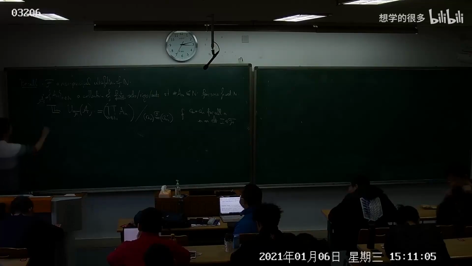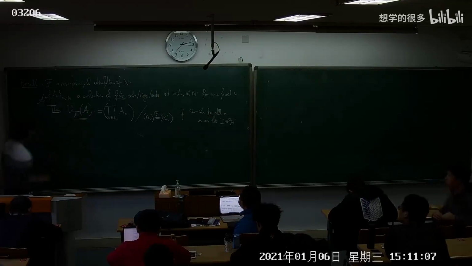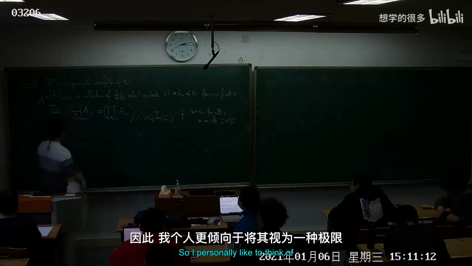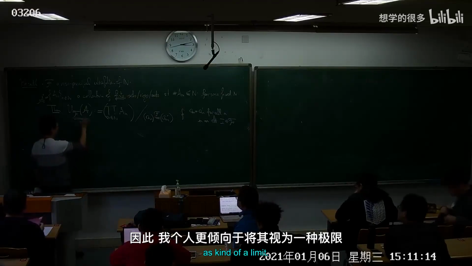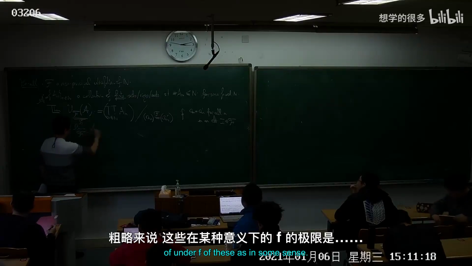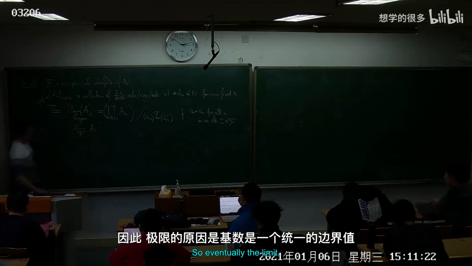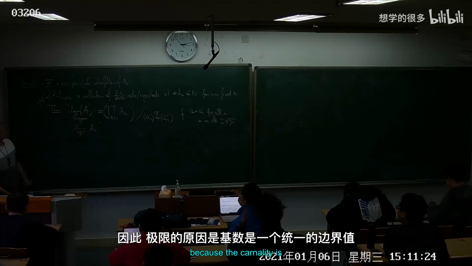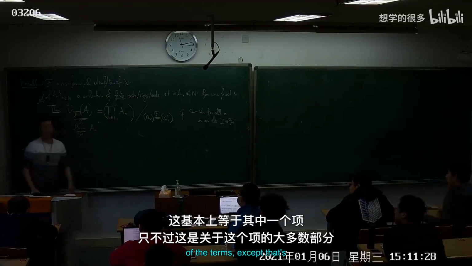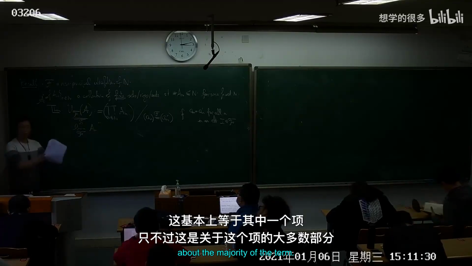In that sense, I can define the ultraproduct, and roughly speaking, this is kind of a limit. So I personally like to think of it as roughly speaking the limit under F of these a_n. Because the cardinality is uniformly bounded, the limit is essentially equal to one of the terms, since the majority of the terms agree.